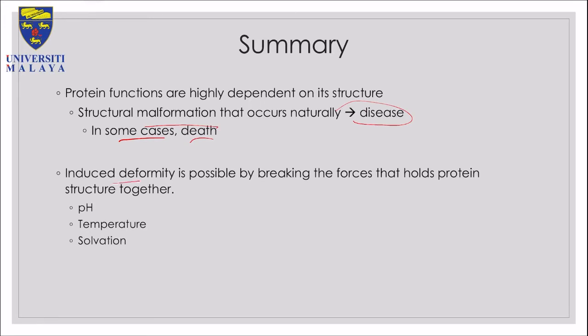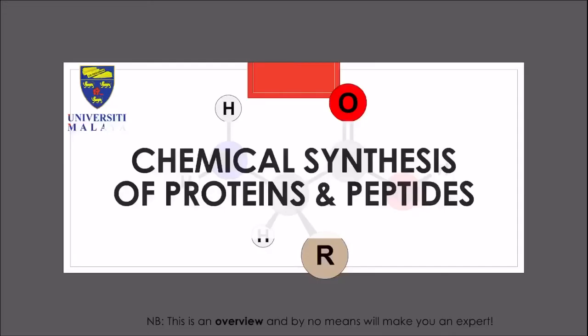And induced deformity is possible by breaking the forces that hold protein structure together. Examples of what you can do to denature are changing the pH, changing the temperature, changing the solvent, inducing agitation, and so on and so forth. Okay, so as I mentioned in the previous slide. All right.